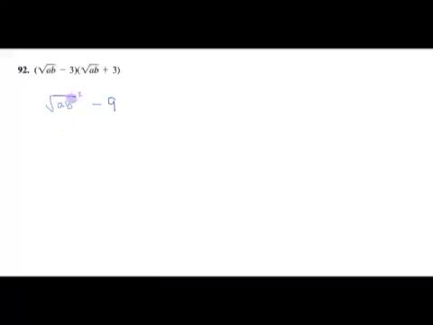That gives me ab minus 9. Again here, the square root of ab minus the square root of c times the square root of ab plus the square root of c. So I have a square root of ab squared and a minus square root of c squared. And that gives me ab minus c.